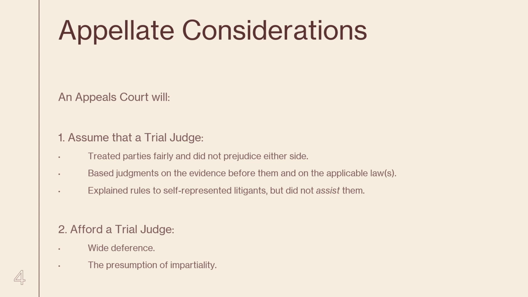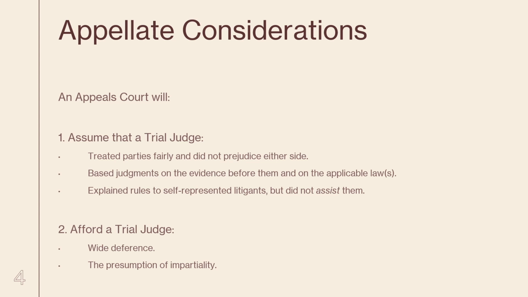They'll assume that the judge treated parties fairly and did not prejudice either side. They'll assume that the trial judge based judgments on the evidence before them, like I said, and on the applicable laws. And they'll assume that the trial judge explained the rules of court to self-represented litigants, but that they did not assist self-represented litigants in the matter.